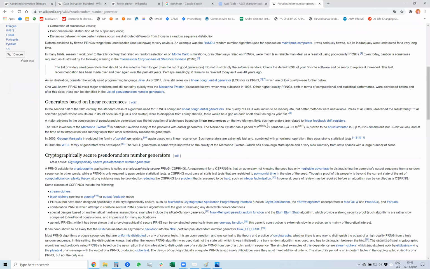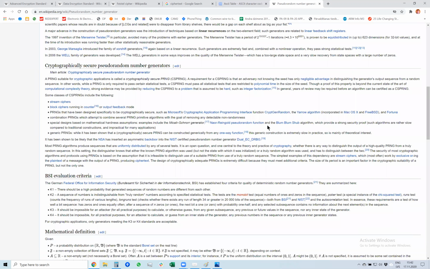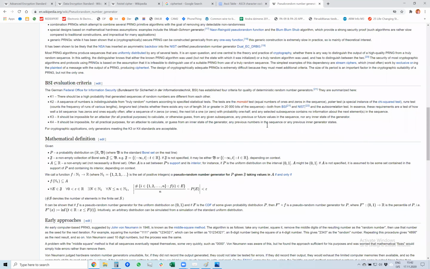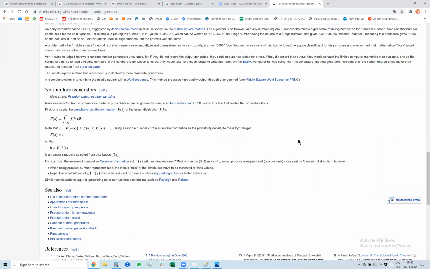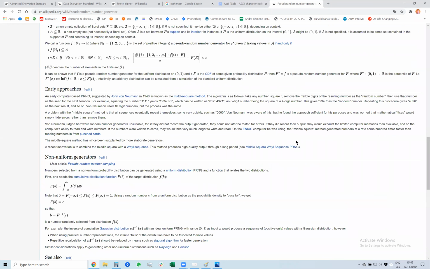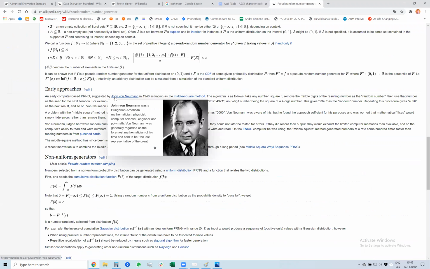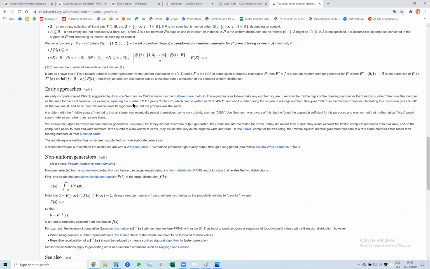Pseudo-random number generators, stream ciphers. Here is an algorithm by John von Neumann, who was actually a very important person in development of computers.